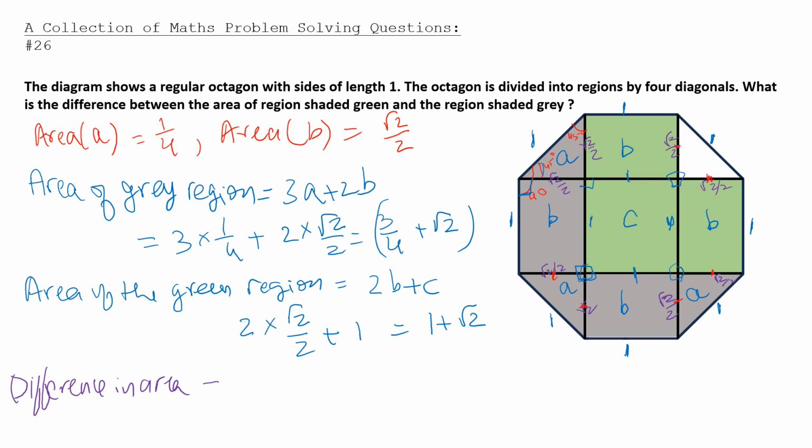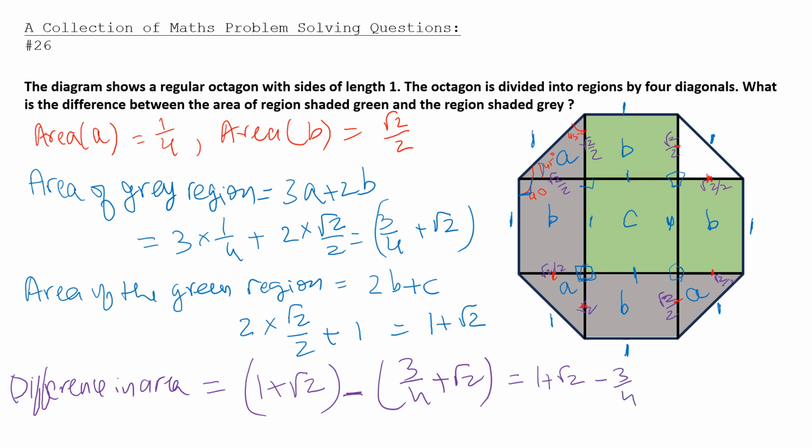So the difference would be 1 plus root 2 minus 3 out of 4 plus root 2, and that gives me, root 2 cancels, and I'm left with 1 minus 3 out of 4, and that is 1 out of 4, and that is the answer. So the difference is 1 out of 4. That's the answer.